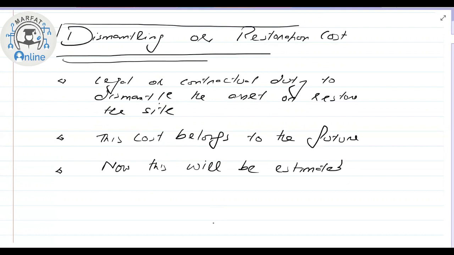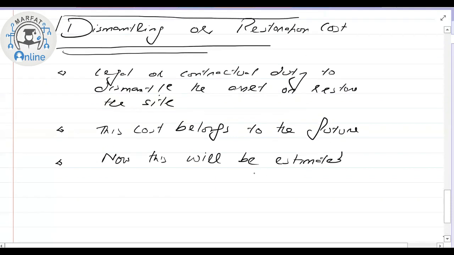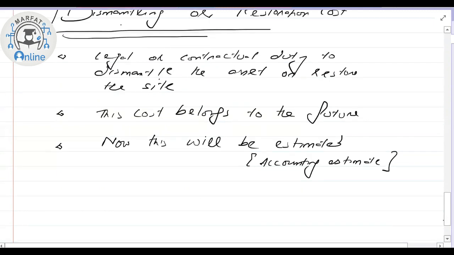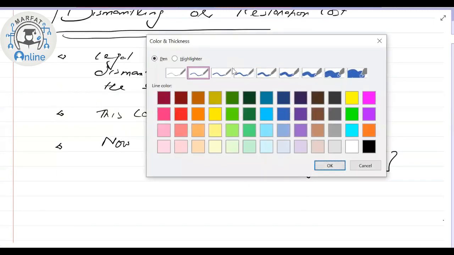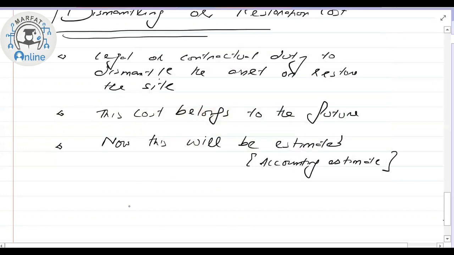So this is an accounting estimate, because you have to estimate it. Now this belongs to the future.